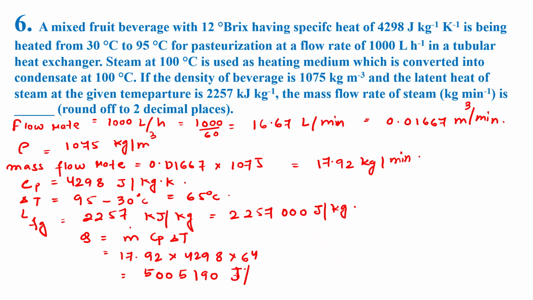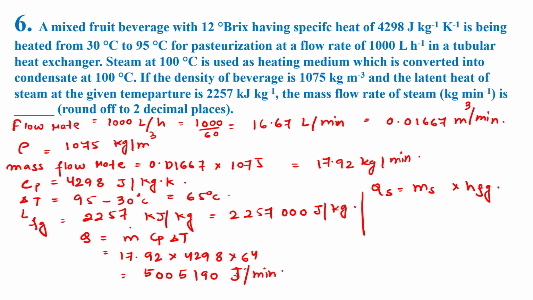Now we have to relate this heat to the steam mass flow rate. Means we have to provide the heat from steam's latent heat. So Q steam will be equal to mass flow rate of steam and the latent heat of vaporization, and we have to assume that no heat has been lost.